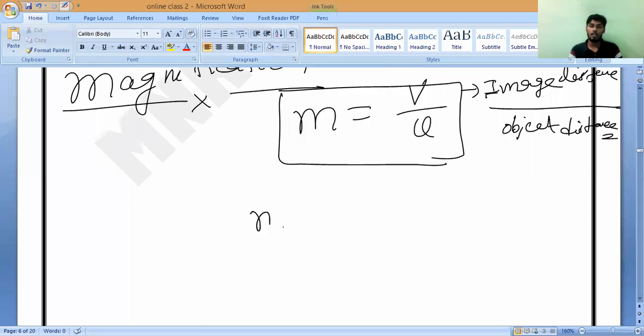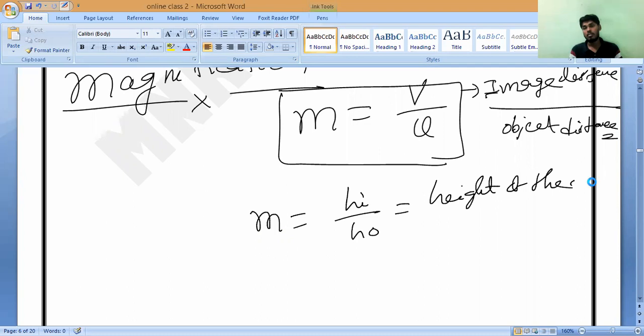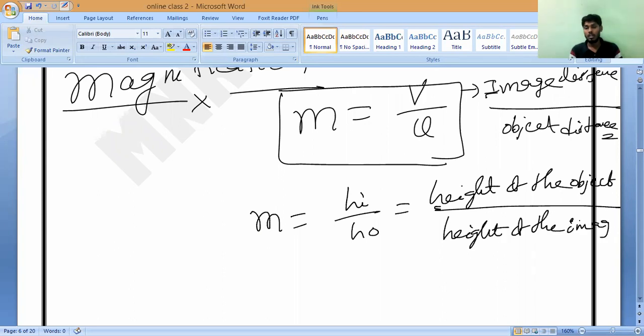Also, I can write m equals hi by ho, the height of the image divided by the height of the object. Very good.